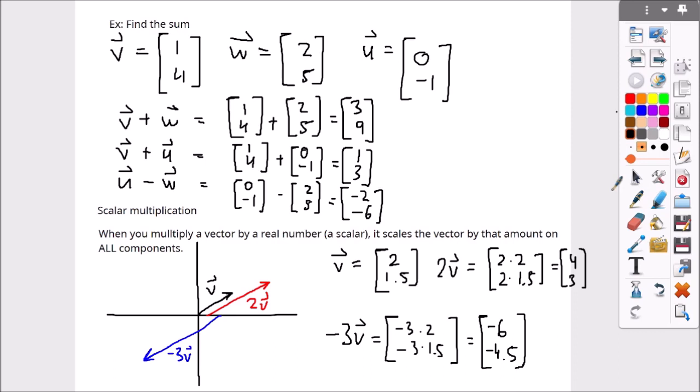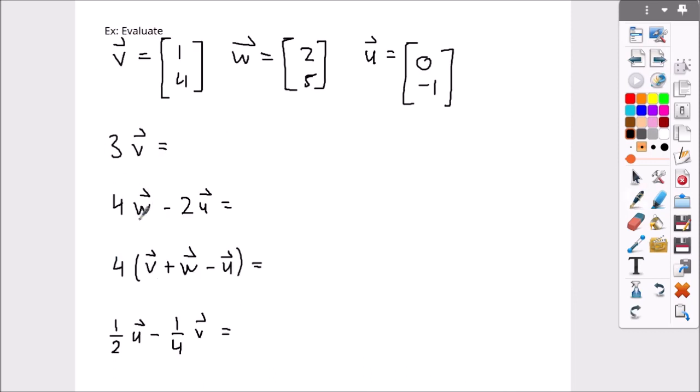It makes it bigger by a certain amount, 2 in this case, and negative 3 in this case. Negative 1, negative v means it goes the opposite direction, so negative 3v means it's 3 times bigger and goes the opposite direction. So that's just scalar multiplication. You multiply all the components by the scalar. Simple. All right, let's evaluate.